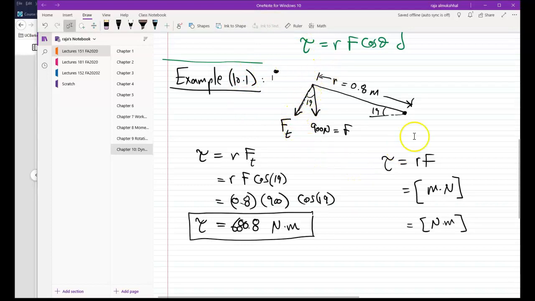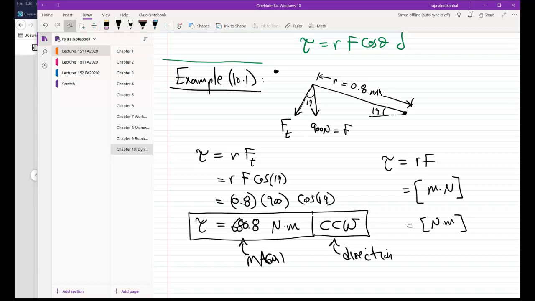But no, it's going this way, and that's counterclockwise. So that's CCW. That's the direction, and that's the magnitude, of course. All right, good.